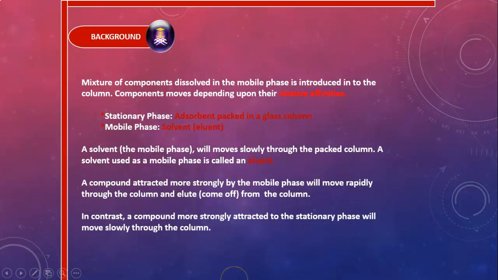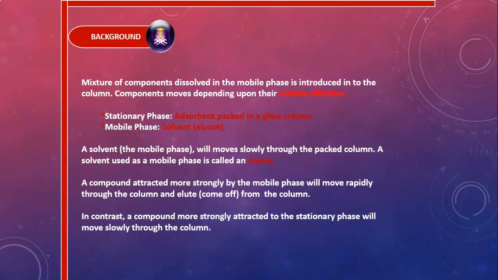So some background information about column chromatography. A mixture of components first dissolved in the mobile phase is introduced into the column. The components will move depending upon their relative affinities or their tendency.